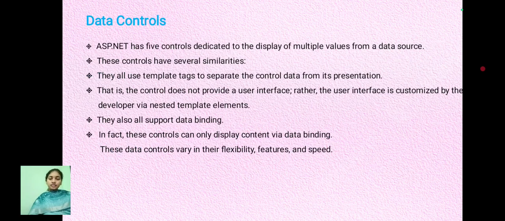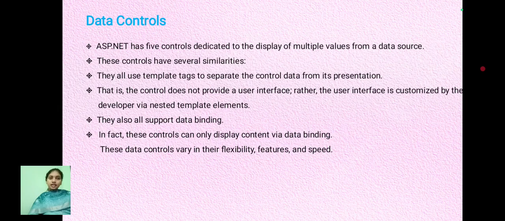Data controls. ASP.NET has 5 controls dedicated to the display of multiple values from a data source. These controls have several similarities. They all use template stacks to separate the control's data from its presentation.